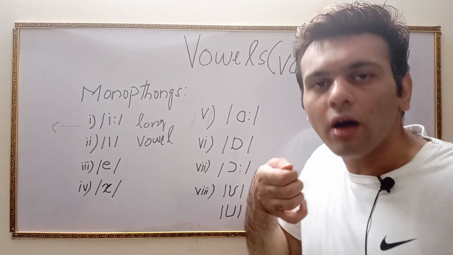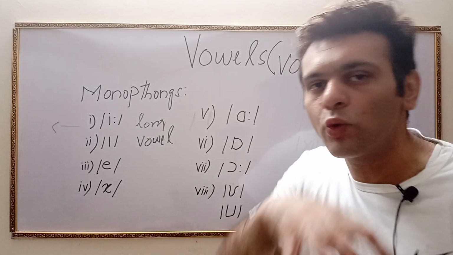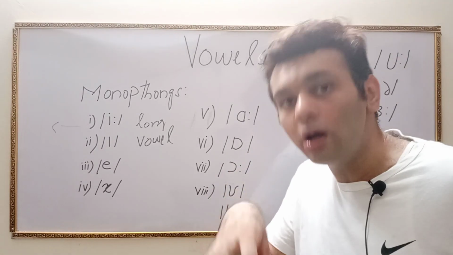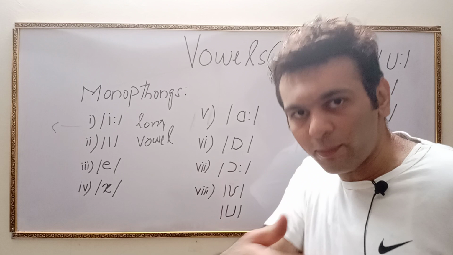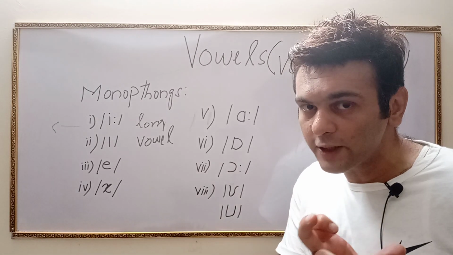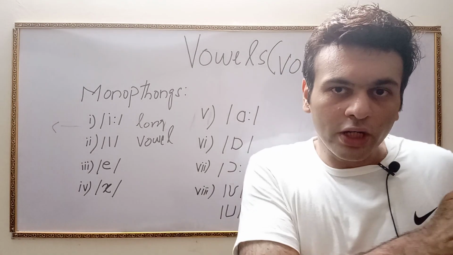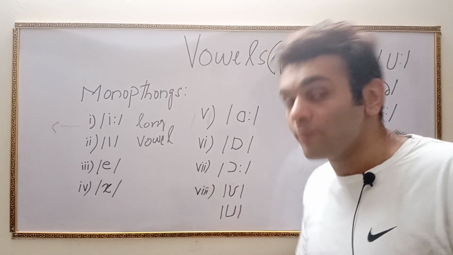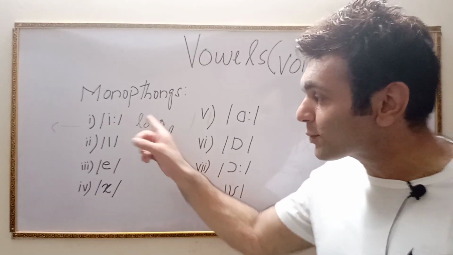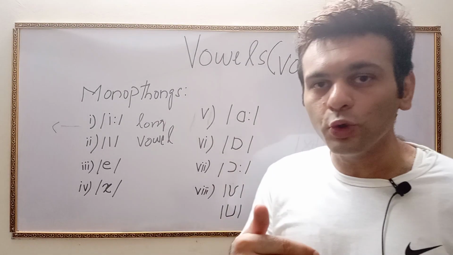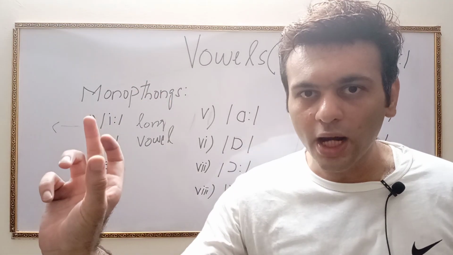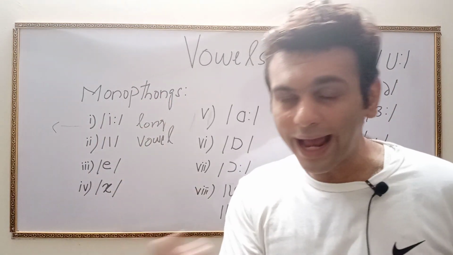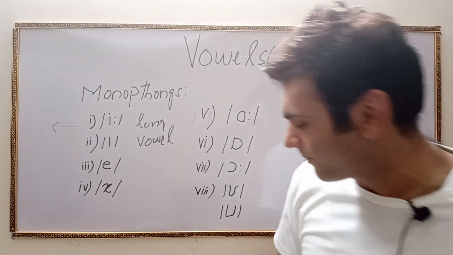They are lingered on slightly while pronouncing within any syllable or word. I'll give you a few examples, but before that, I would like to explain how you are going to realize that this particular monophthong is a long vowel and another one is a short vowel.